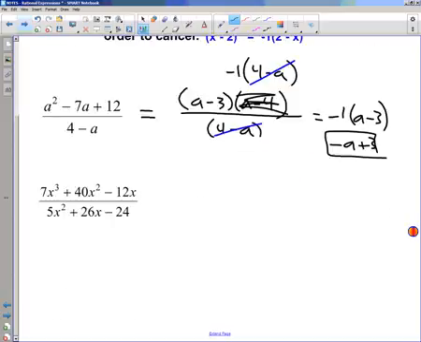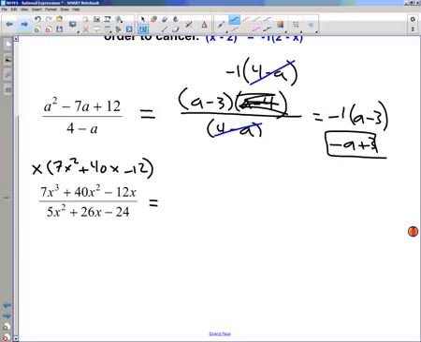Looking at our second example here, our first goal is going to be to factor. We have, in the top here, we've got a GCF that we can pull out. So I'm going to go ahead and do that. If I pull out an x, we'll be left with a 7x squared plus 40x minus 12 on the top. And then that's going to factor a little further, and the bottom's going to factor as well.